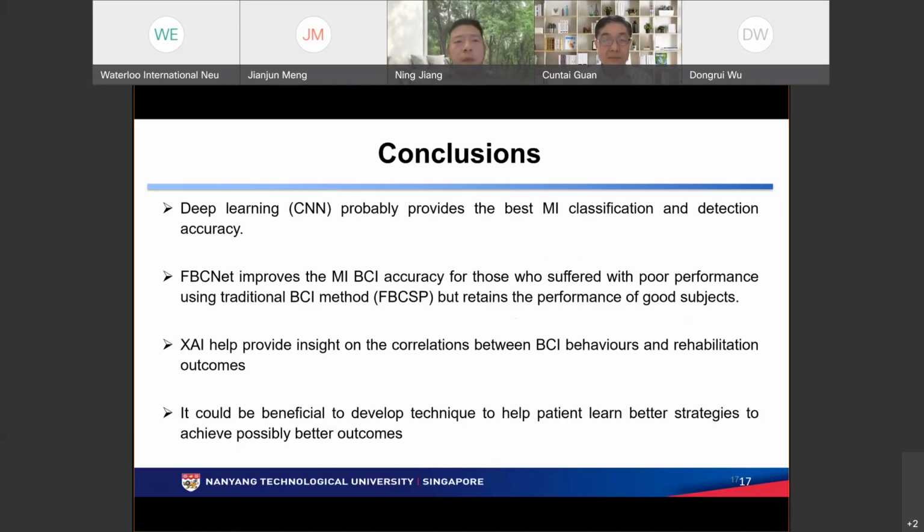What do you think it might be? I think you probably have one of the most experienced researchers in using BCI for the stroke population. So what are the reasons you see? Is it just because they have a lesion in the brain, or limited cognitive capacity, or any other reasons that you might think?